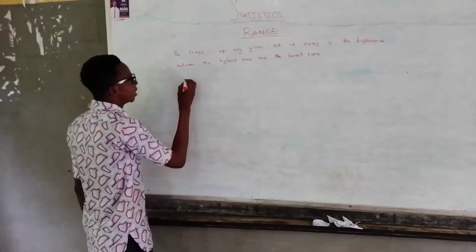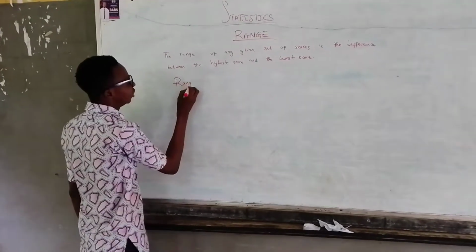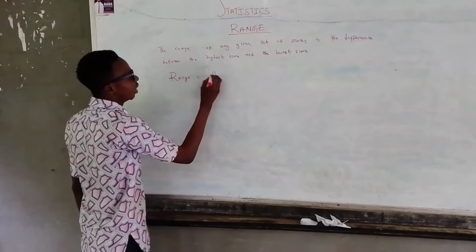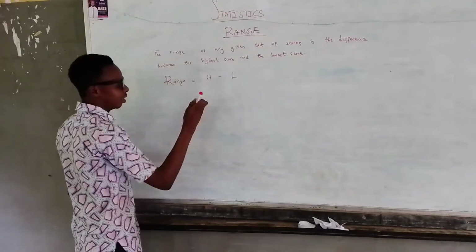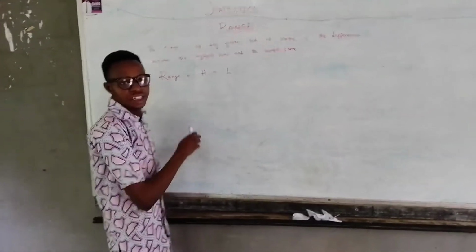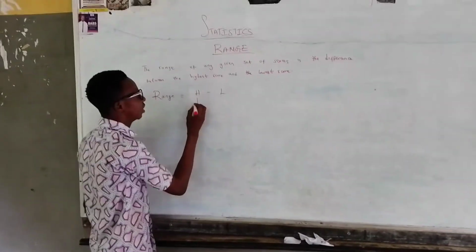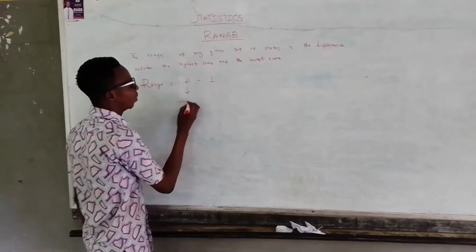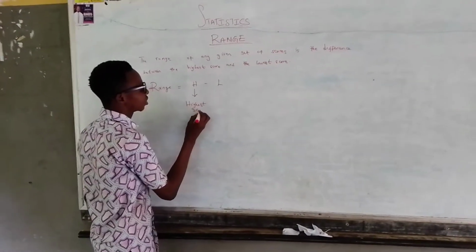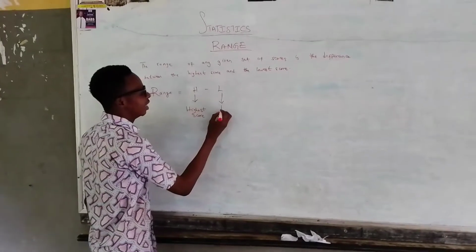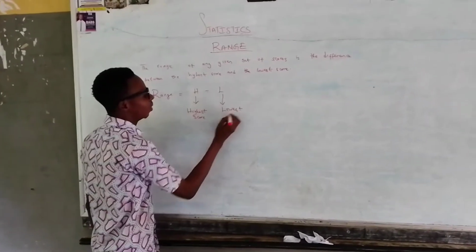Mathematically, range is equal to H minus L, where H is the highest score and L is the lowest score.